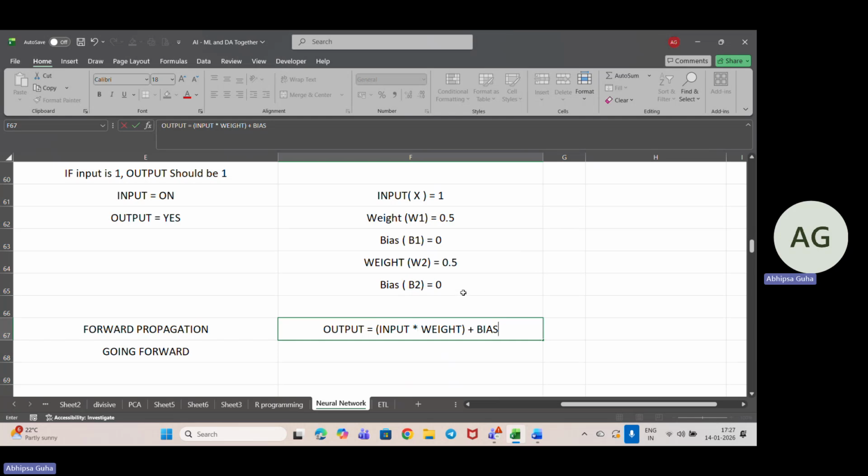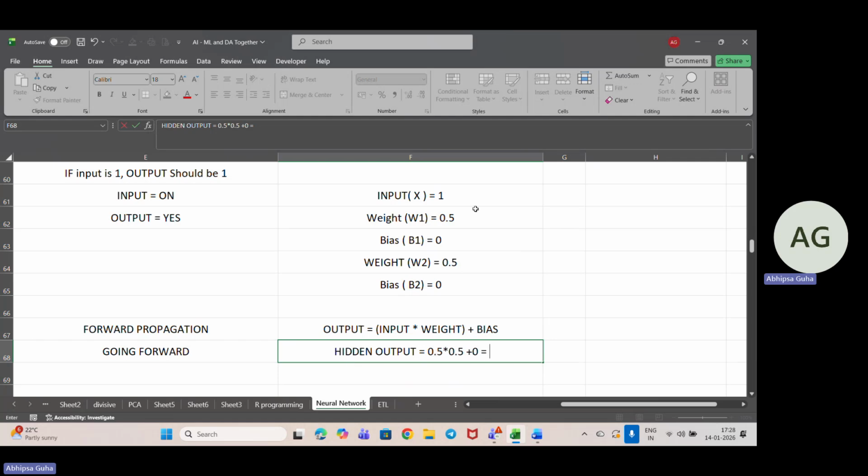So for the hidden layer output: 0.5 times 0.5 plus 0. This is my hidden output.